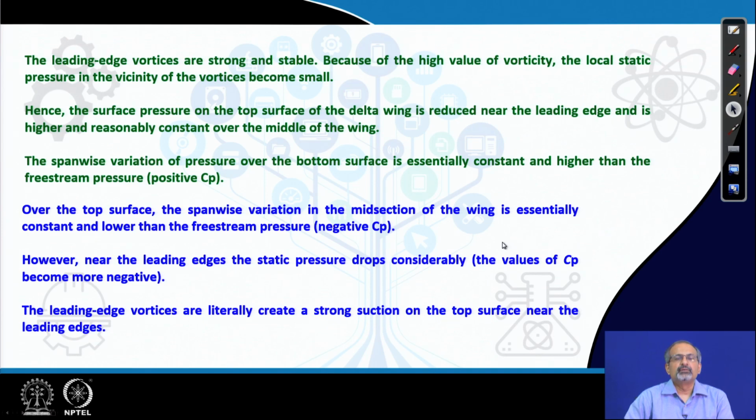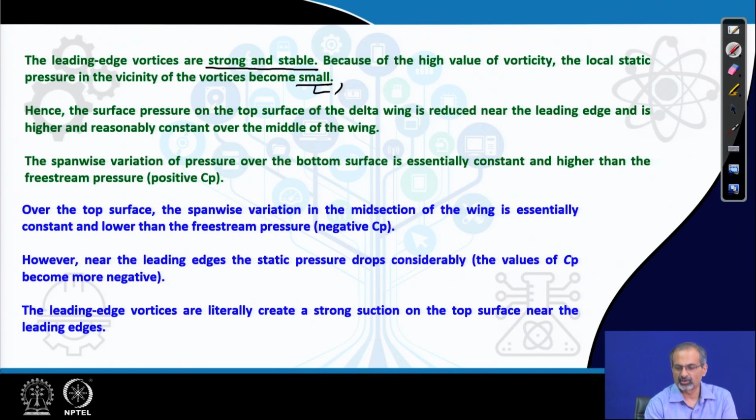to sum up our understanding of the flow field and the consequent pressure distribution that is formed on the delta wing. So, leading edge vortices are strong and stable, as we have already seen through the pictures, and because of the high value of vorticity, the local static pressure in the vicinity of the vortices becomes rather small.